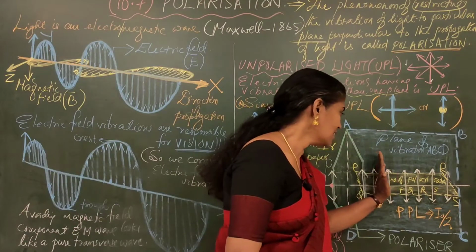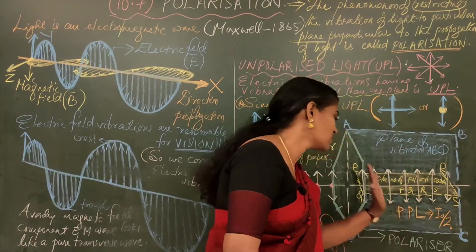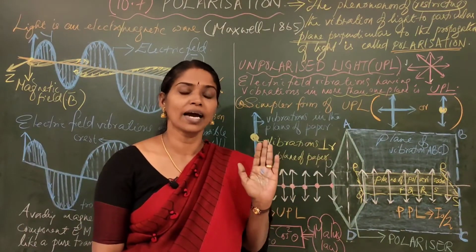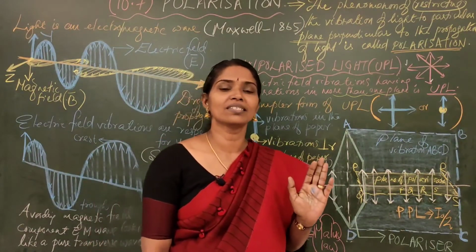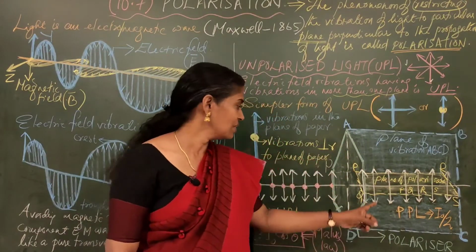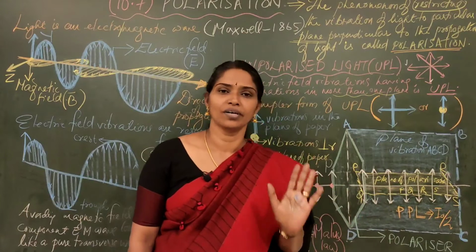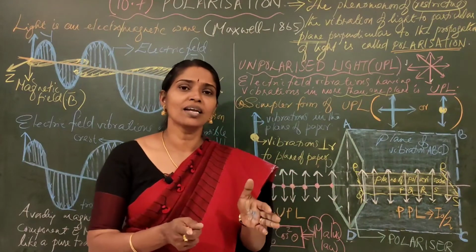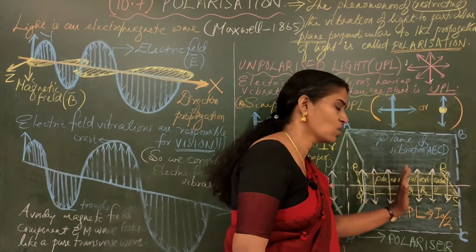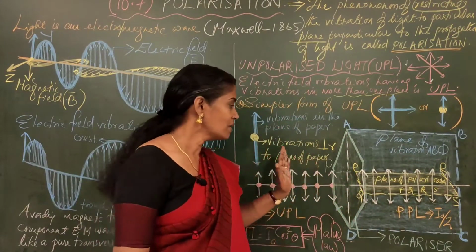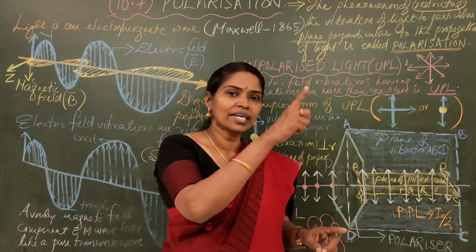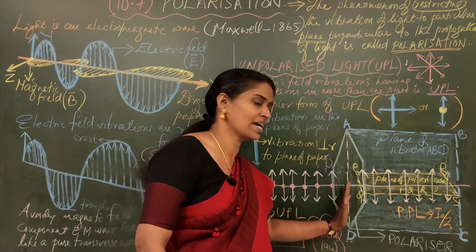Now one more thing. If you place a similar tourmaline crystal once the light is coming out of the polarizer, it is known by the term analyzer. The duty of the analyzer is to analyze, just verify, whether the light is polarized or not. To analyze that, you keep another crystal over here, through which the plane polarized light is entering, and you can rotate it about this crystallographic axis.